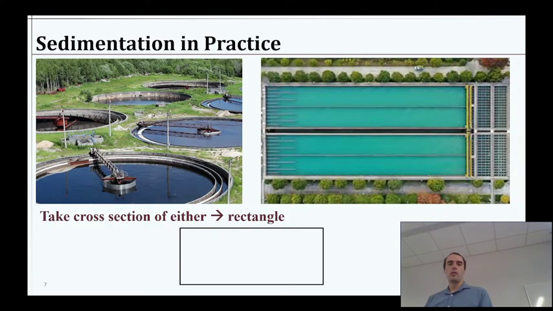Okay, so how do we put that in practice? Well, there's a couple of reactor styles that are used most commonly that we'll talk about. Those would be these circular ones you see on the left, and then just rectangular, kind of like a big swimming pool type of thing on the right.